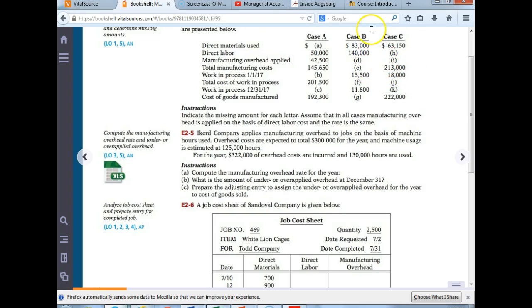We know our direct materials used of 63,150. So we basically have to create two variables. One where we need to figure out our direct labor, and then we're going to have to figure out our direct labor times 85 cents, right? But we know it's 213,000.